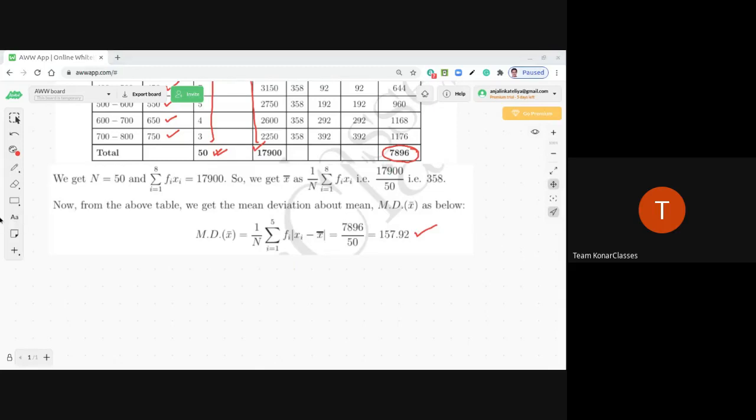Now, dear students, as you see, it is a little tedious process to compute the value of the mean. There is a shortcut method, and I am going to tell you that shortcut method first, and then we'll take one example to understand how it is helpful. So what is the shortcut method for calculating mean deviation about mean? Let me go to the next page and explain.